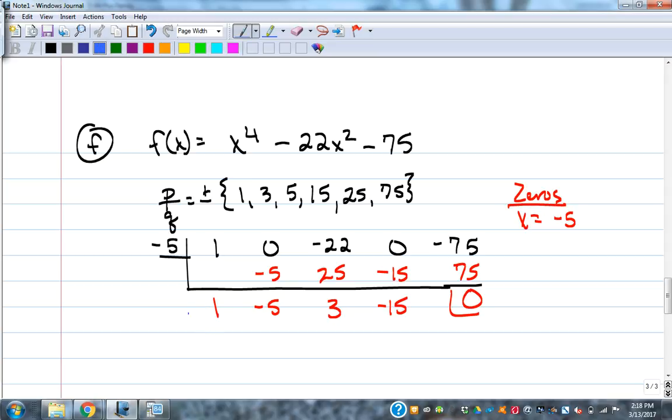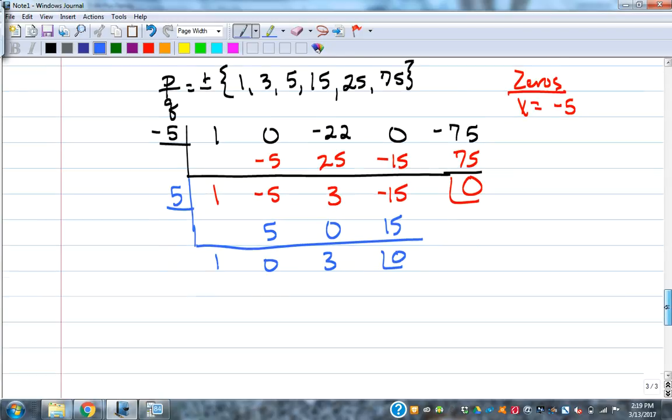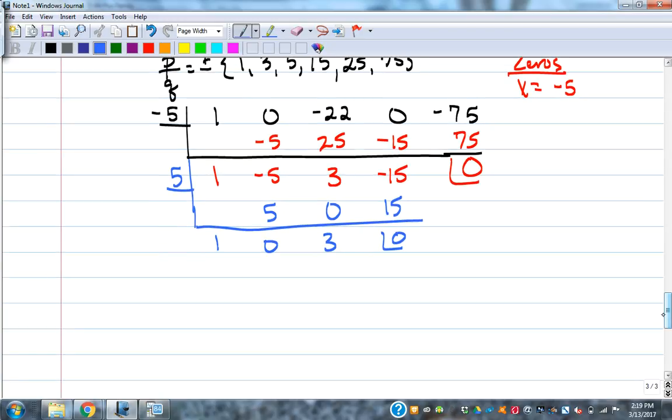And then I'm going to run synthetic division with what's the other number? +5, yeah. 1. There we go. And then, so what's this polynomial I've got left here? x squared plus 3 equals 0.